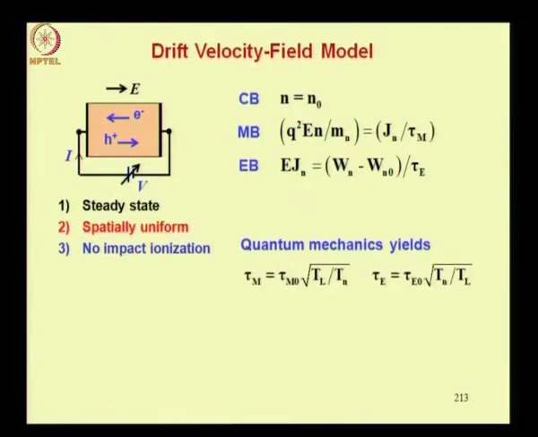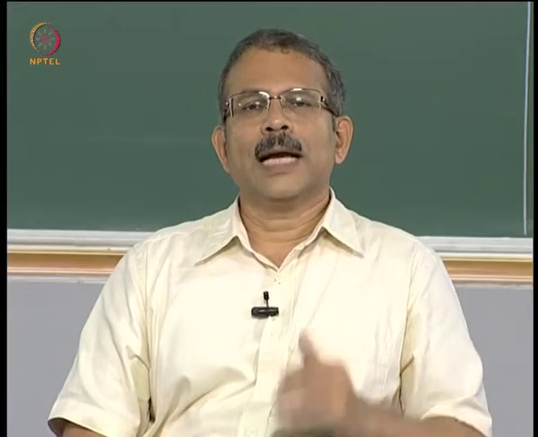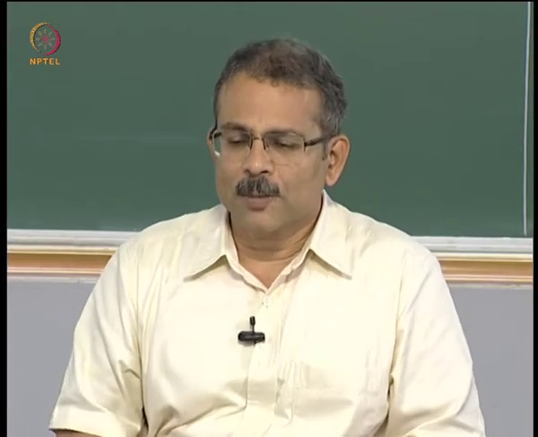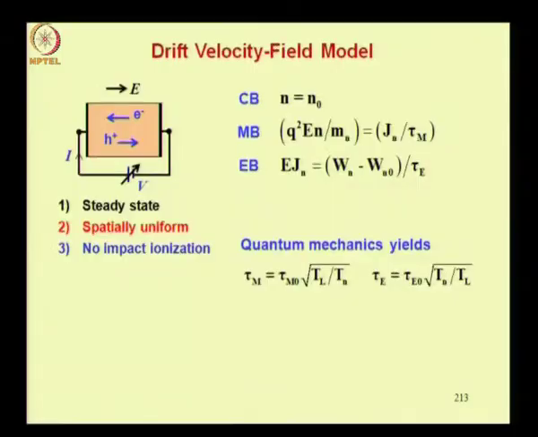Now what about tau m and tau e? The relations for tau m and tau e have to be obtained from quantum mechanics, because they are related to the scattering phenomena, and we have discussed that the scattering itself has to be treated quantum mechanically. We have not done this derivation, we are accepting the result.